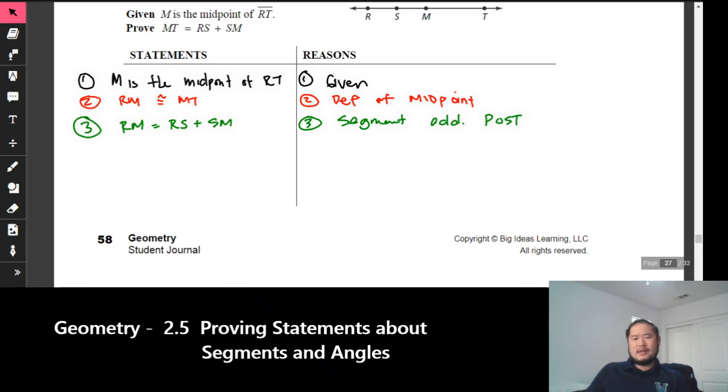So now, what else can I say? Maybe what else could I add or change? I do know that RM is congruent to MT. Maybe there's something I could do right here. Maybe there's something I could switch around. I'd say that there's possibly two different ways we can go about this problem.